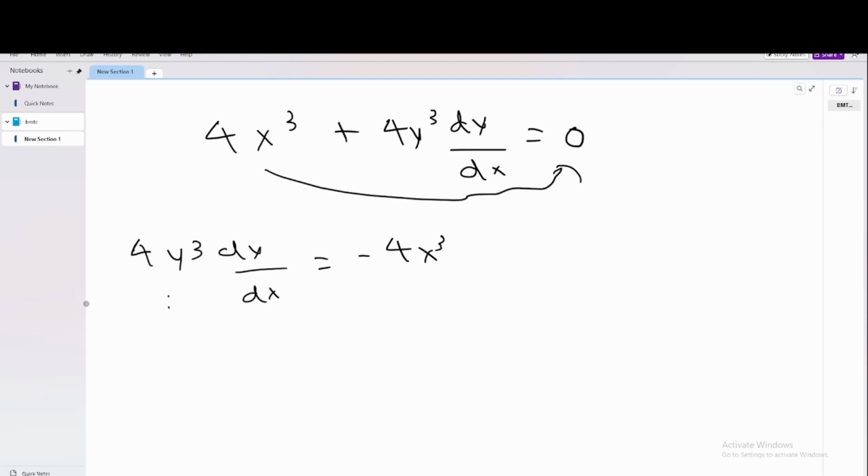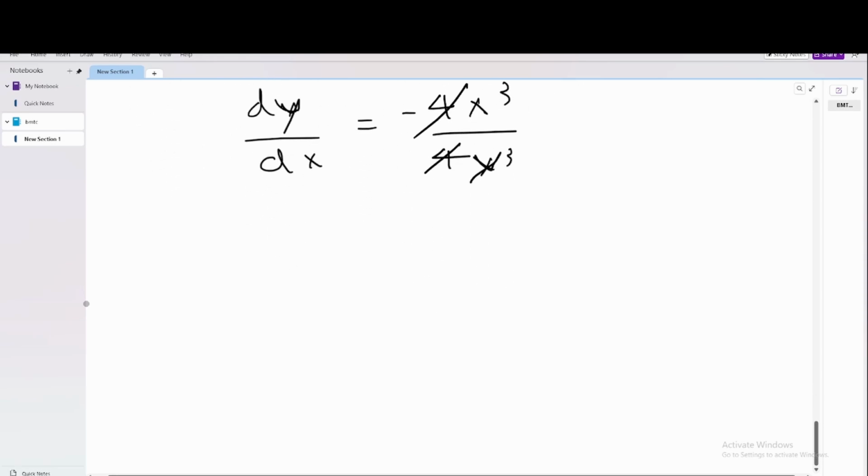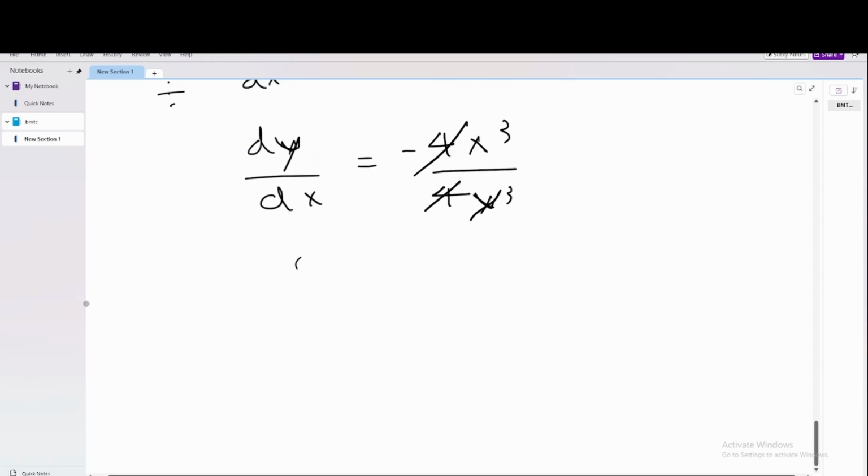Then by dividing both sides by 4y cube, the final answer will be dy by dx is equal to minus 4x cube divided by 4y cube. By removing 4 on both terms, the final answer will be minus x cube by y cube. This is the final answer.